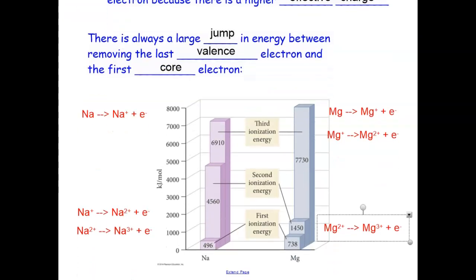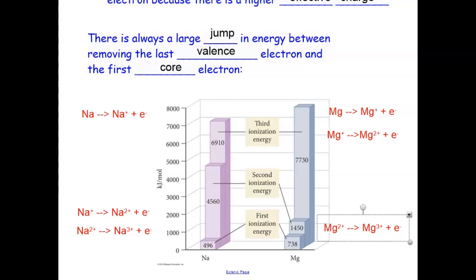If we look at the data, we see that there's a big gap in energy between removing the 1st sodium electron and removing the 2nd and 3rd. If we look to magnesium, we see the big jump is after the 2nd magnesium ionization.